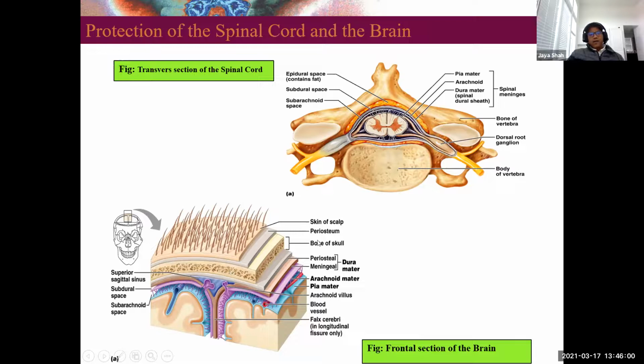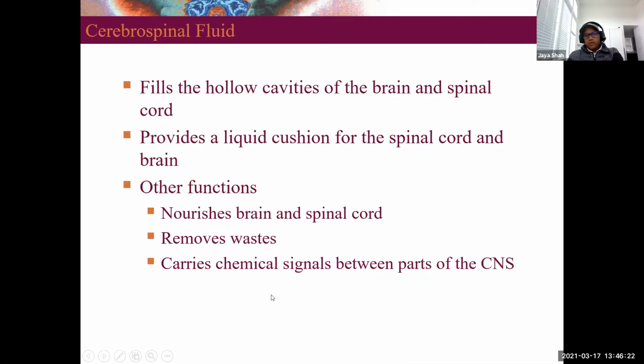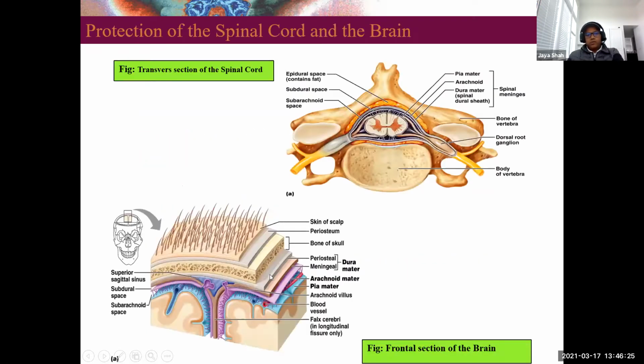Okay. Now under that, there are all the same meninges. You see here the dura mater, arachnoid mater, pia mater. It is only the pia mater which runs along the surface of the brain. You see, it runs through the sulcus, and then gyrus, sulcus, gyrus.